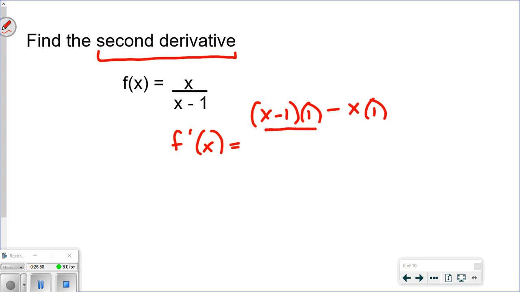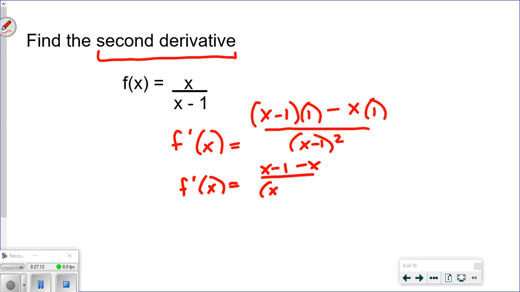Derivative of our bottom is 1. Draw a line and square what's below. Alright, so we have, clean that up, x minus 1 minus x all over x minus 1 squared. Which, of course, the x's cancel out. So we have negative 1 over x minus 1 squared. So that's the first derivative.